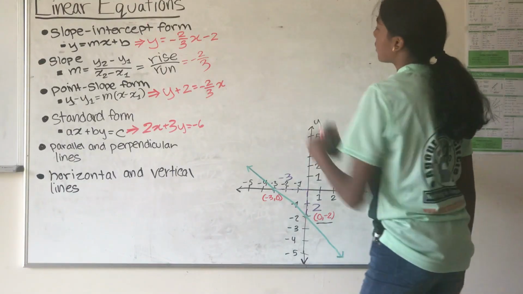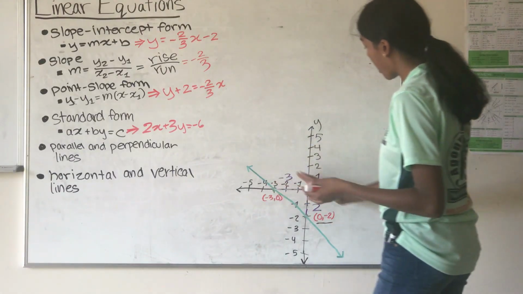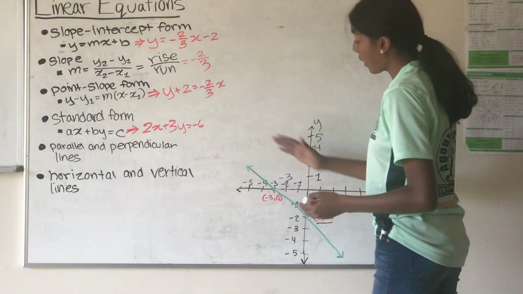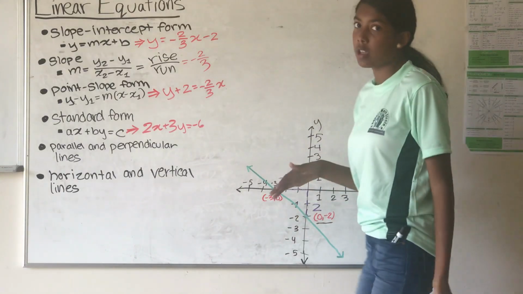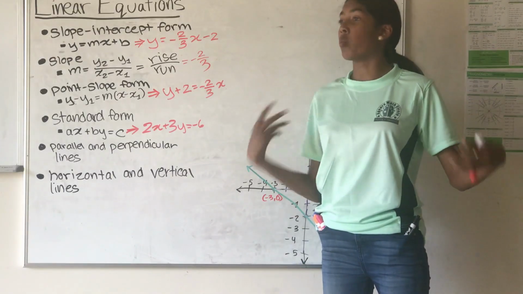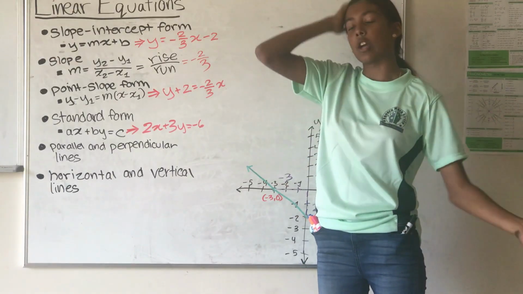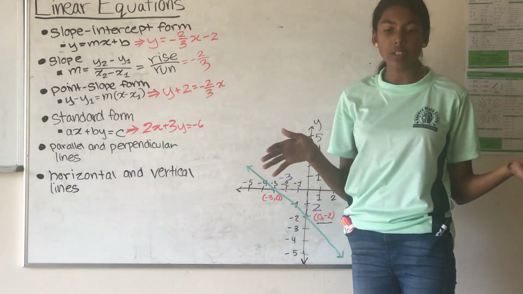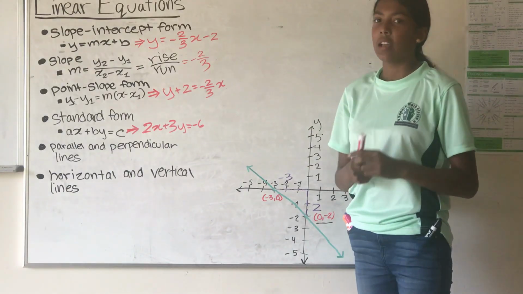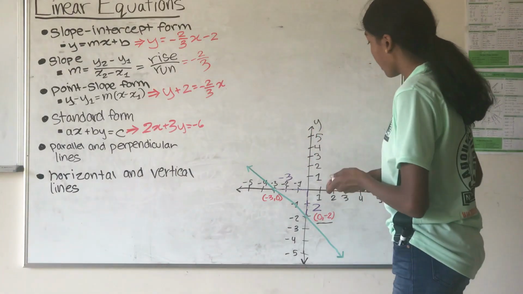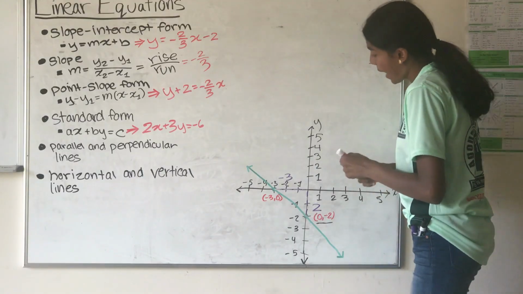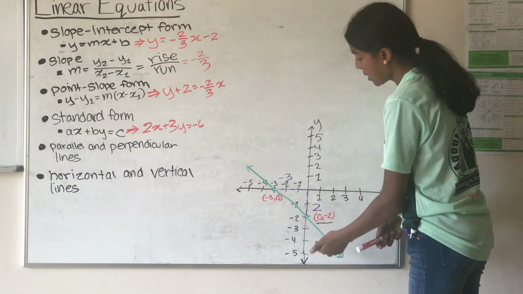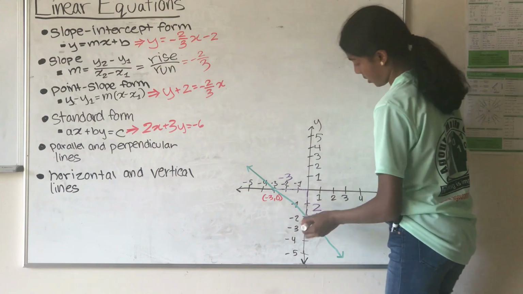So take a moment, imagine how a line parallel to this green line would be. Would it have the same slope, same x-intercept, same y-intercept? How would you describe it? So take a moment to do that. The way a parallel line works is it has the same slope but a different y-intercept.